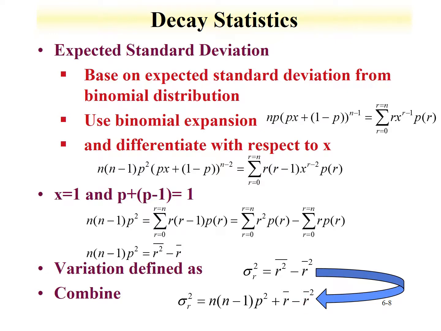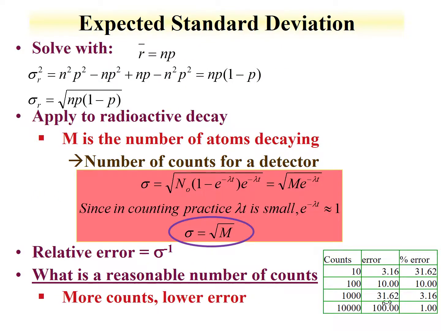So we can now have a route for determining the standard deviation. And we solve this equation using this relationship: the average number of decays is equal to n times p.